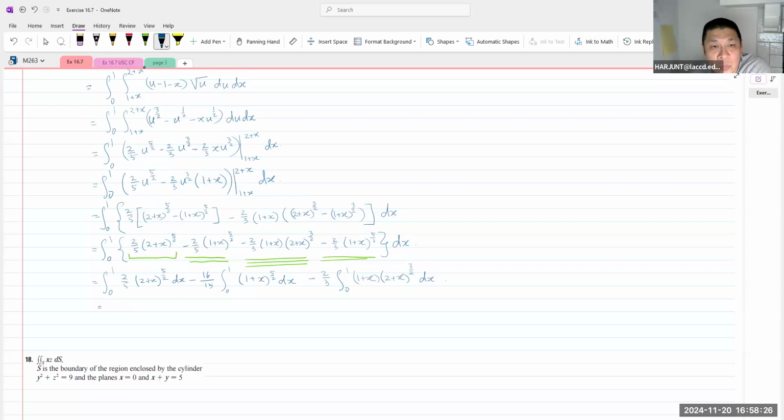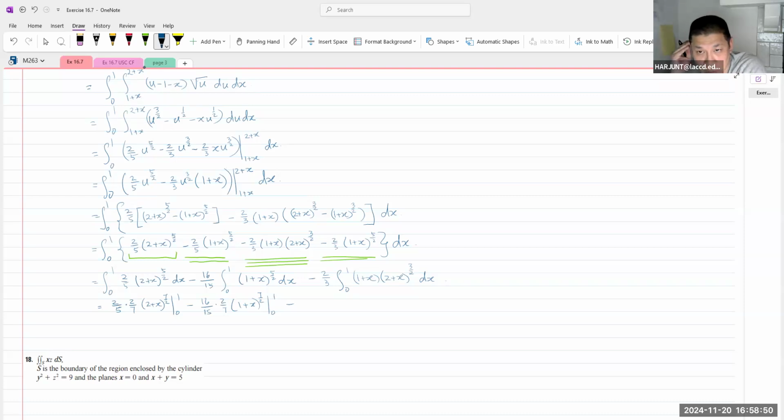Times 2 over 7, 2 plus x to the power of 7 halves from 0 to 1. This is 16 over 15, 2 over 7, 1 plus x to the power of 7 halves from 0 to 1, minus this one here.